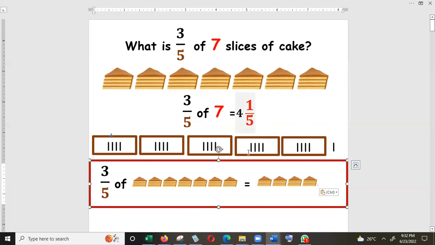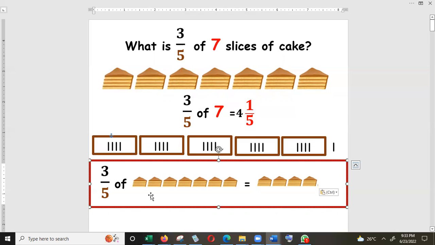And 1/5. So 1/5 now, we need to have the cakes equally divided into 5. But as you can see, the cakes are divided into 4.